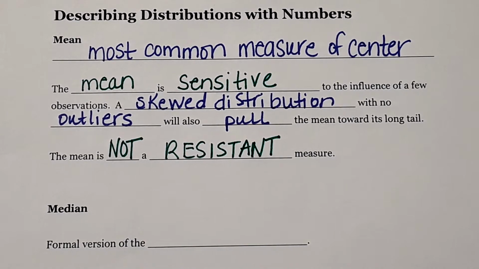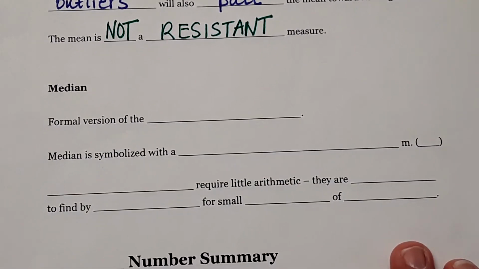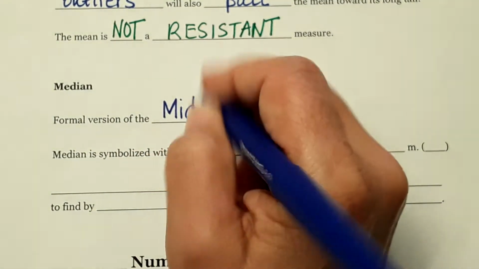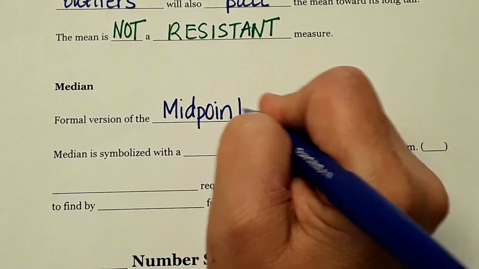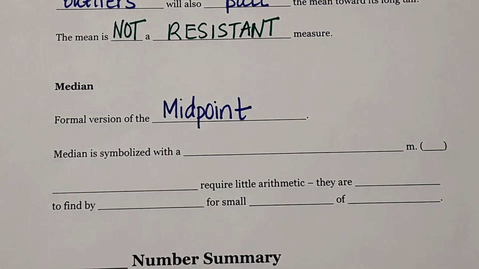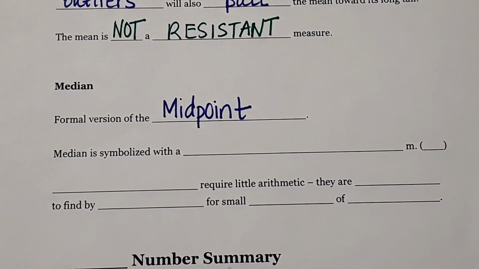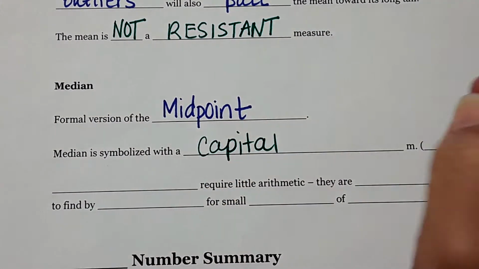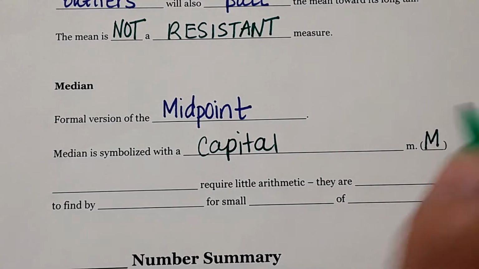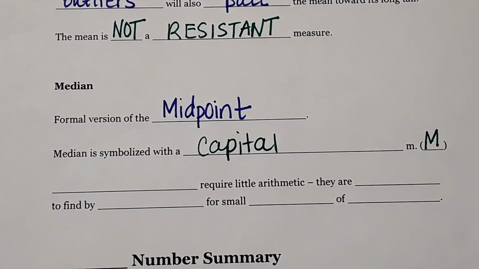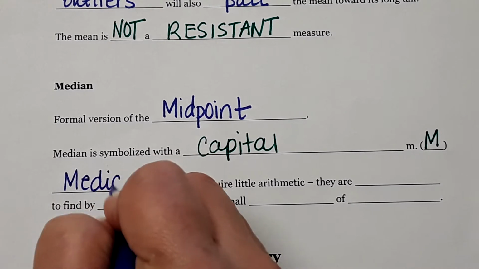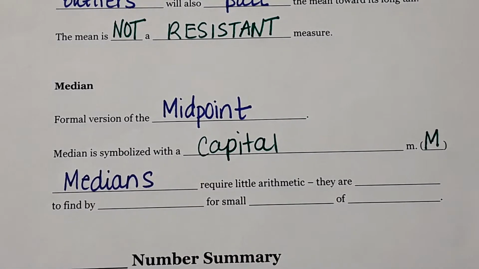Okay, the median is the formal version of the midpoint. The median is symbolized with a capital M. The one thing about medians that I really like is that medians require little arithmetic.